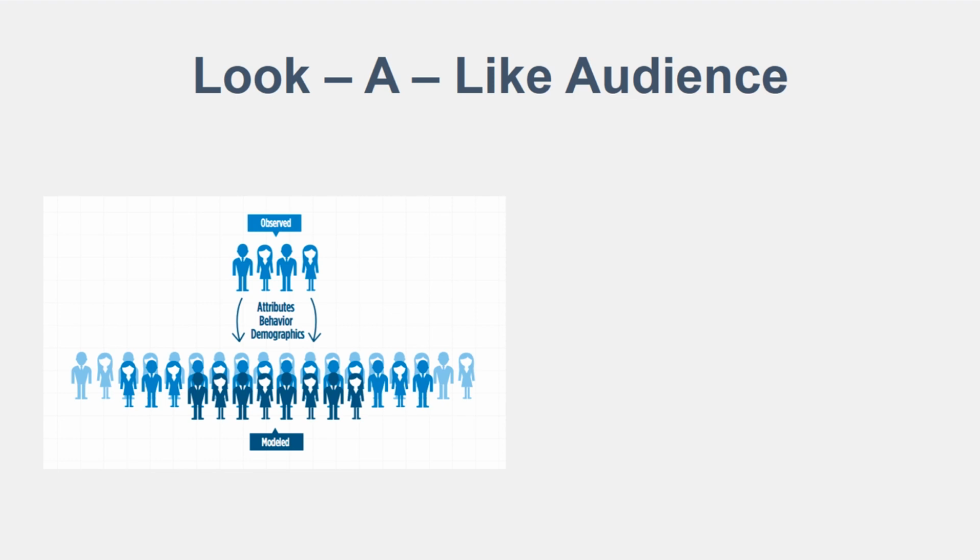What a lookalike audience does is Facebook takes that observed audience and then recreates a bigger audience of modeled people based on the behavior of that small observed group. You see the observed there, that's 4 people. It then multiplies it into people that look like them, people that have similar attributes, behavior, demographics, all that kind of stuff.